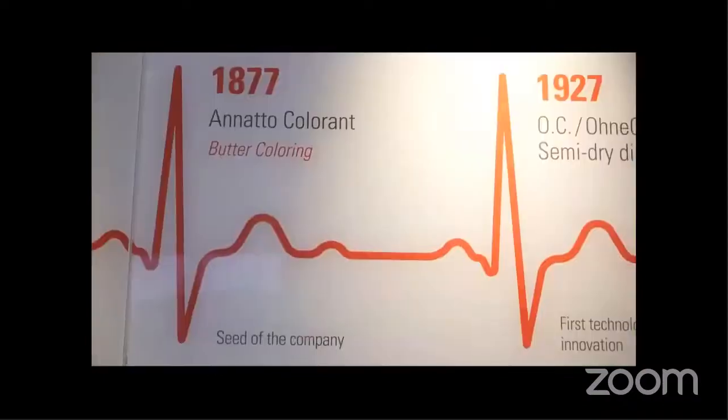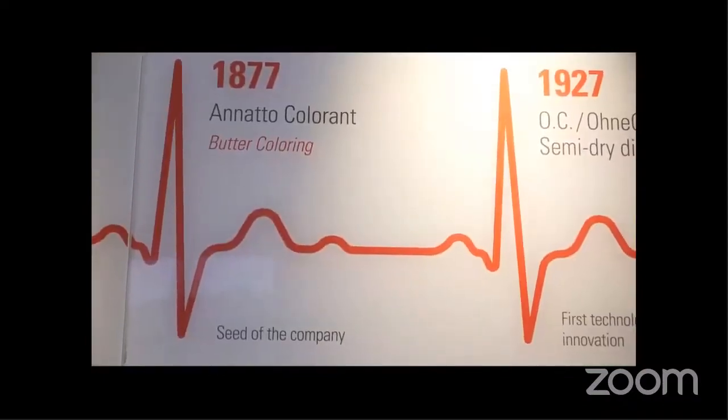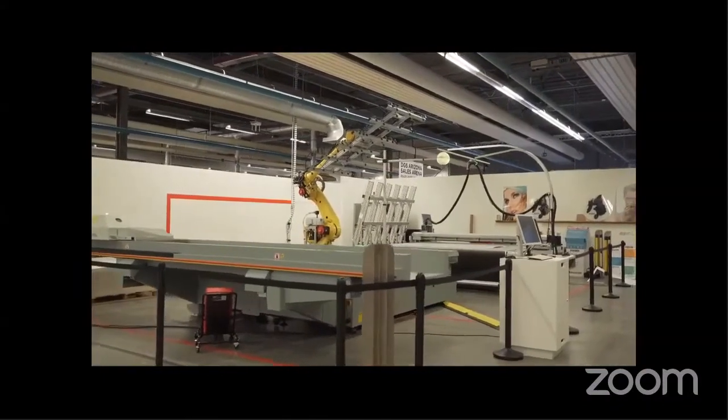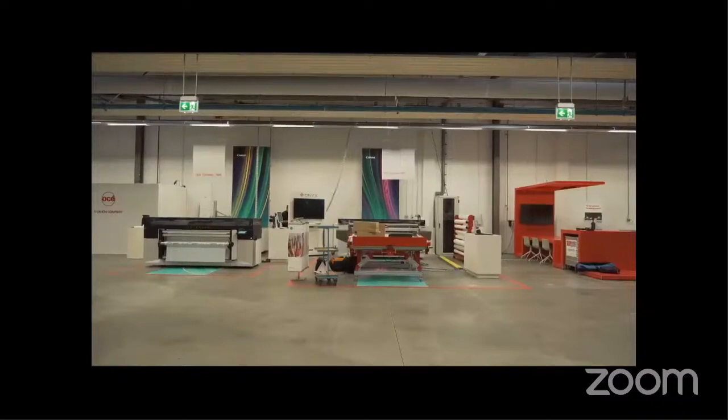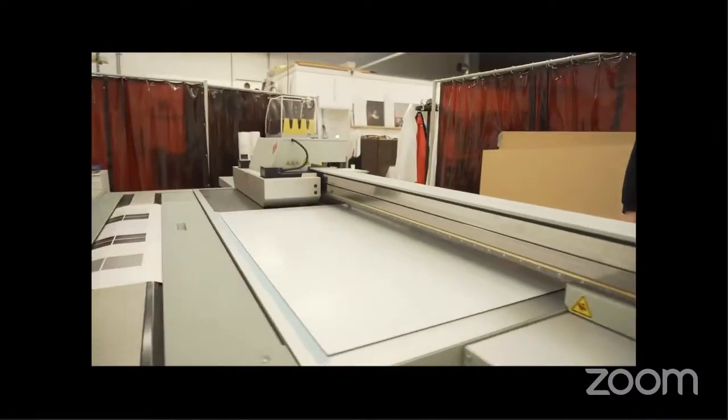Océ is a Dutch company founded in 1877 and it is now a manufacturer and developer of copiers and printers. When using and testing our printers, we also found out that we could use some of the technology to build layers.